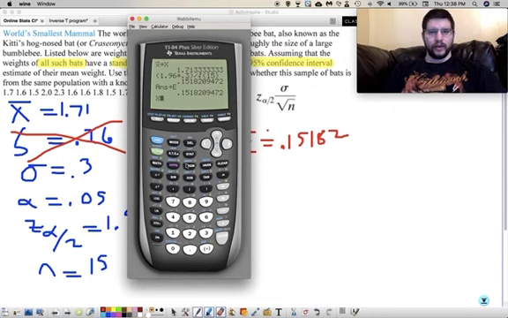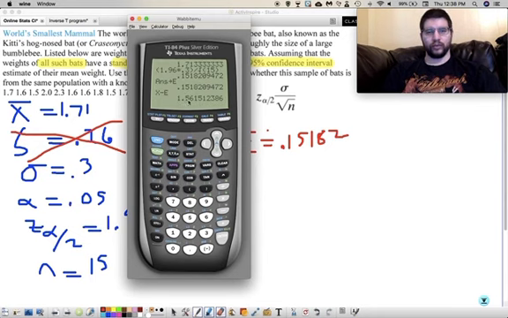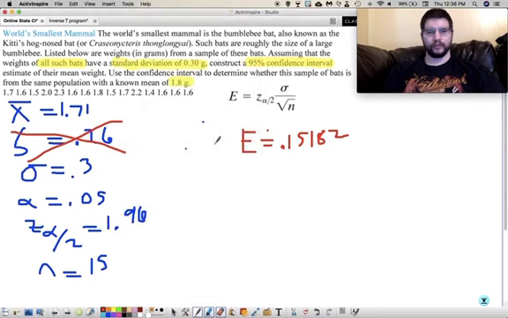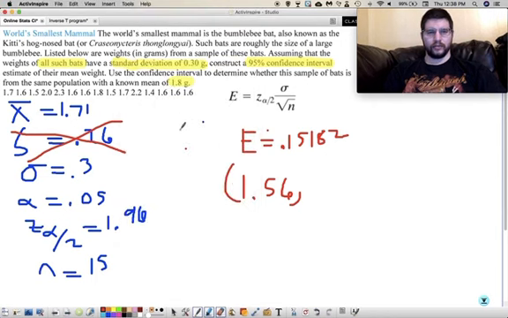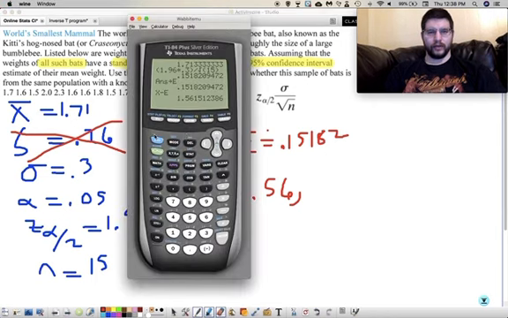All right, so I need to do X minus E. That's x bar minus my error is 1.56. And if I do x plus e, I get 1.87.